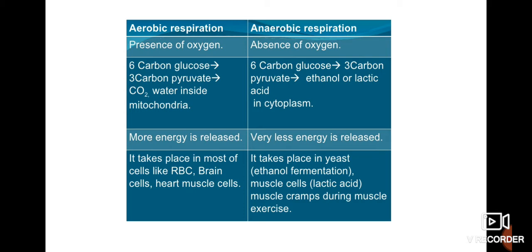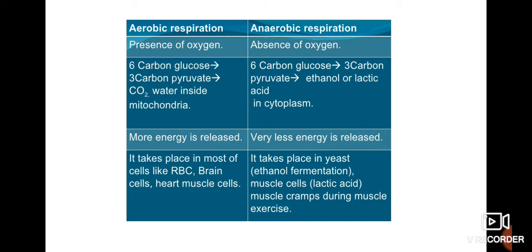Here is the difference between aerobic and anaerobic respiration: aerobic respiration requires oxygen, anaerobic respiration doesn't require any oxygen. Aerobic respiration takes place in the cytoplasm and mitochondria, whereas anaerobic respiration takes place only within the cytoplasm.